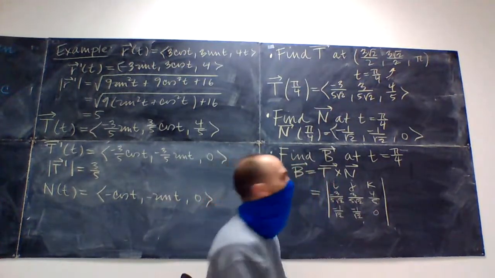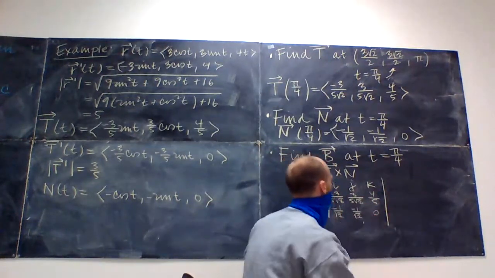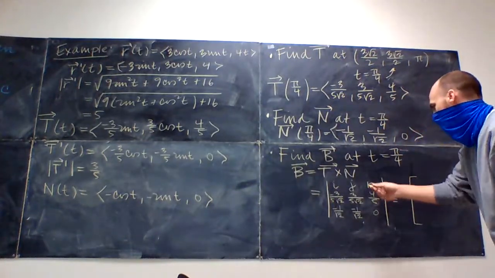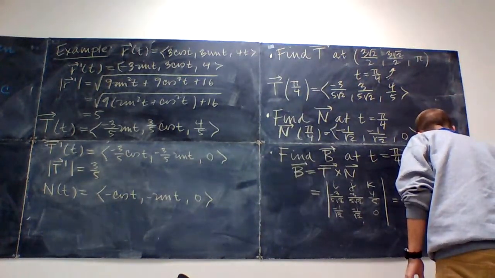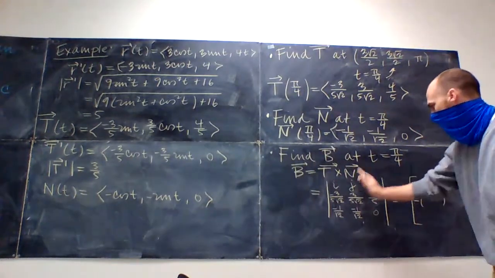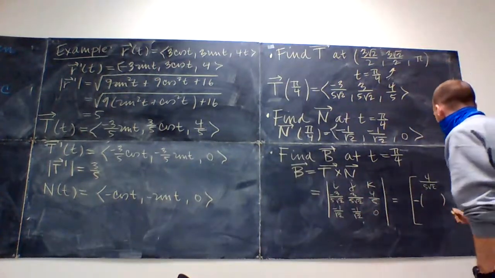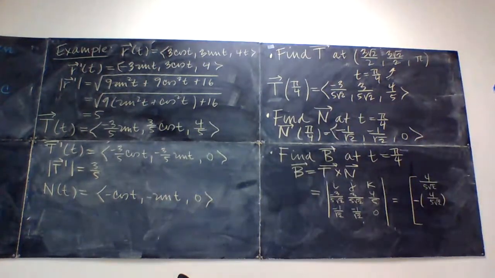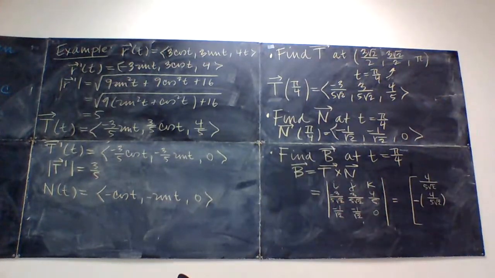Okay, so I can take this determinant. I'm going to cover up i. It's going to be 0 plus 4 over 5 root 2. I'm going to just write this one vertically. Minus j times, okay, so it'd be 0 plus 4 over 5 root 2. Plus k times, okay, so this one is going to be, hold on.